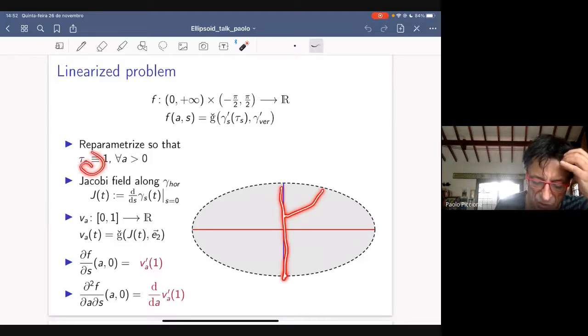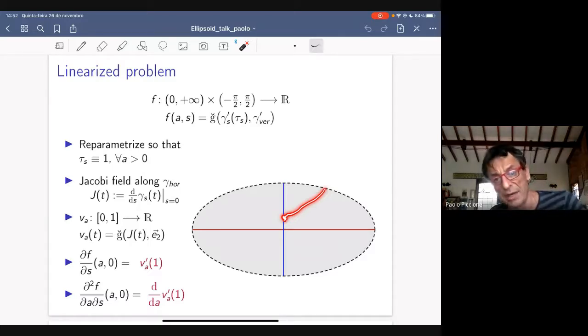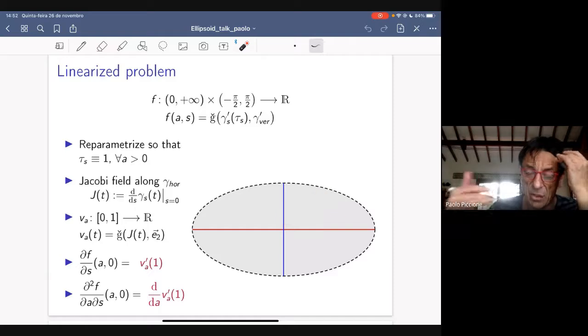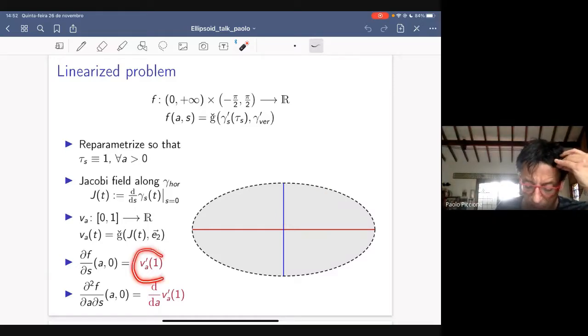We have reparametrized everything so that the arrival time is equal to 1. So now we basically have to study a Jacobi equation which is singular at the initial point, and the final boundary condition that we want is that the derivative has to be 0, basically, okay?